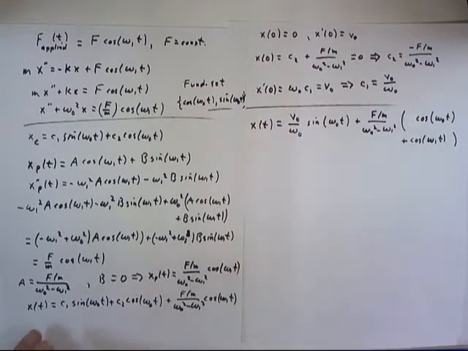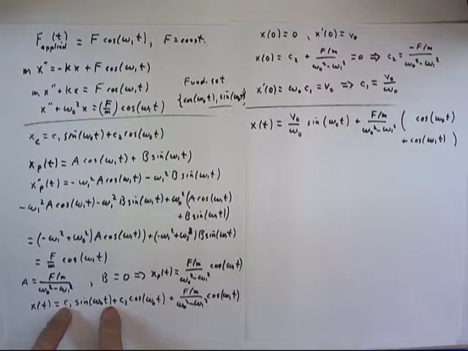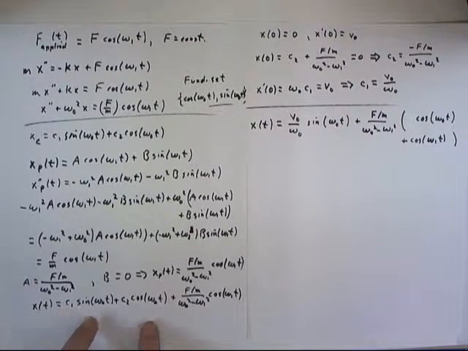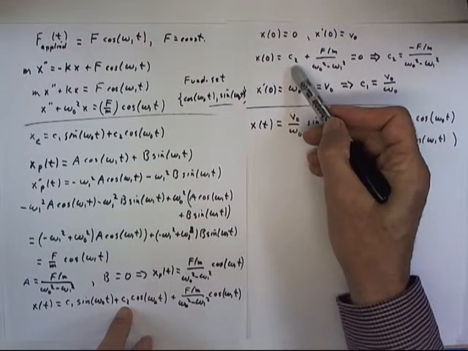X of 0 is what we get if we plug 0 into this equation. And if we plug in 0, we're going to have a cosine of 0 here and a cosine of 0 here, and the sine of 0 here. Well, the sine of 0 is 0, so the C1 term isn't going to appear at all. The cosine of 0 is 1, so we're going to have just the C2 that's going to appear here.